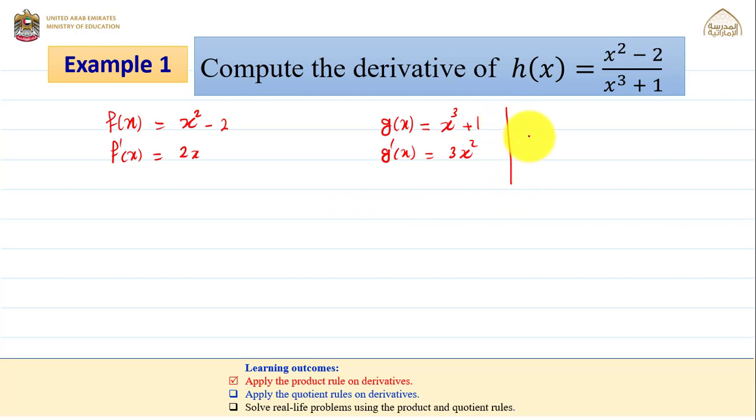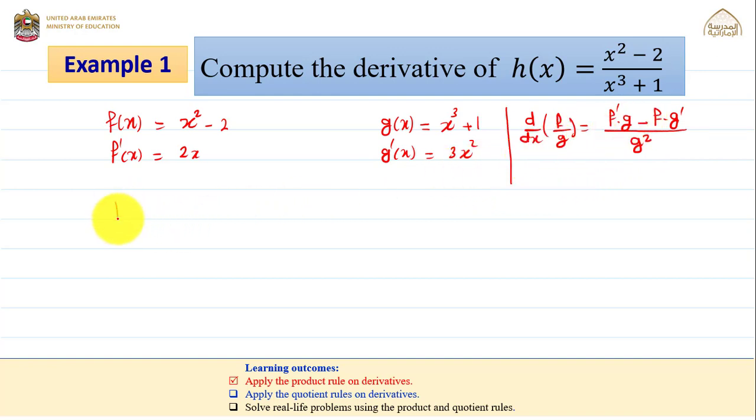Then apply the quotient rule, d by dx f over g equal f prime times g minus f times g prime divided by g square. Now substitute in this rule.